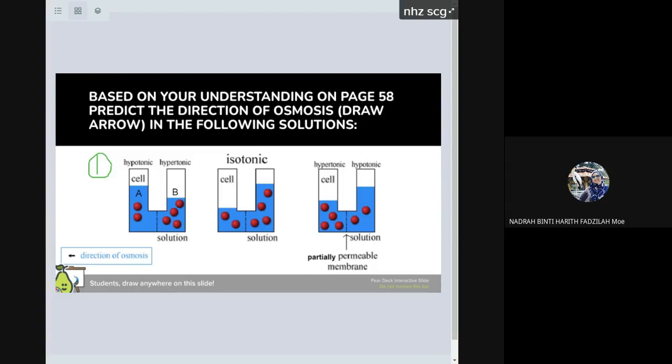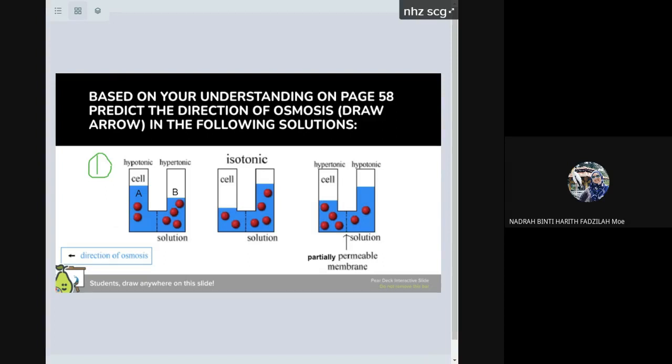Therefore, okay, saya kena tebalkan sikit saya punya hijau ni. Therefore, when we talk about osmosis, we mention first which one has higher water potential than which solution. So when we compare solution A and solution B, solution A has a higher water potential. Oh, tebal lah pula sekejap ya.